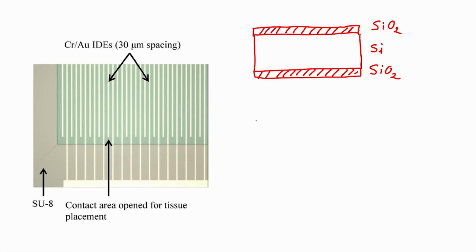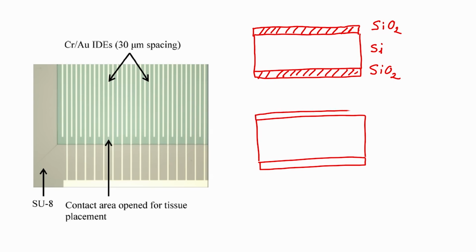Now what we have to see is, if I want to deposit a metal or a semiconductor on this oxidized silicon substrate. This is now your oxidized silicon substrate. We have seen what are substrates.